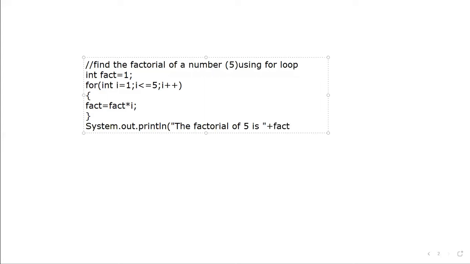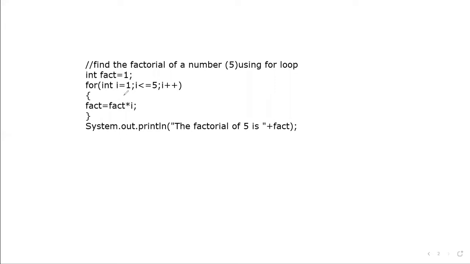So it is fact only, followed by a semicolon. So this way we will frame the code. I'm just going to copy it. I'm also going to explain the process here, what is happening.